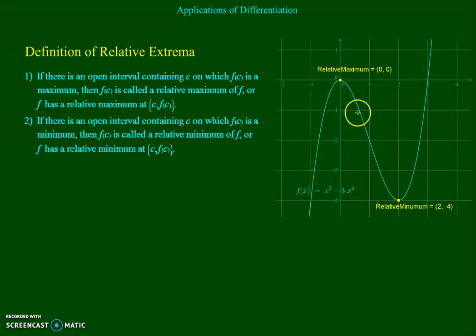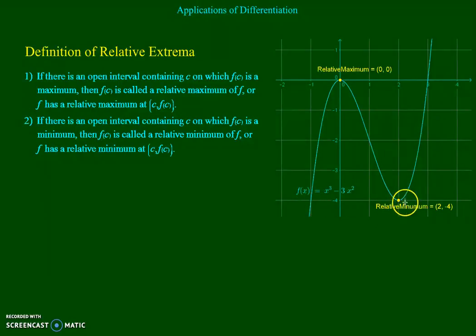Given that this is an open interval, this value is not an absolute maximum because you can clearly see there are values that are greater. But if we choose an interval containing this point that doesn't include these values, this would be a relative maximum on that interval, say -1 to 2.